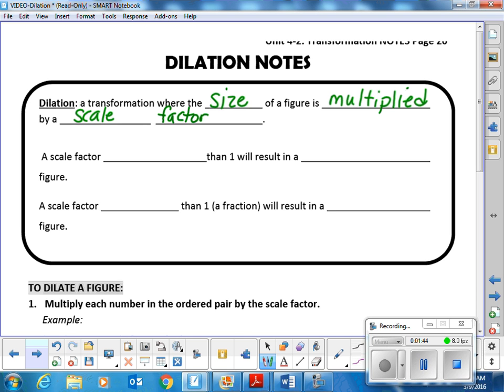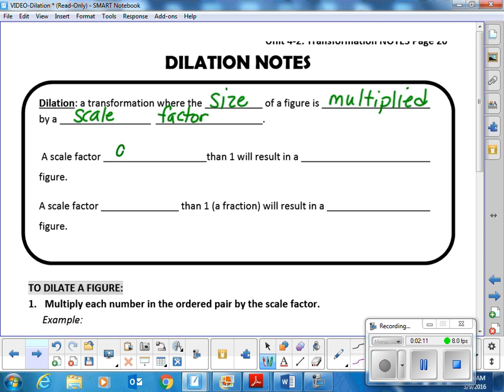We talked about scale factor when we did proportions and similar figures. Anyway, a scale factor is just simply that factor or that number we're multiplying by.